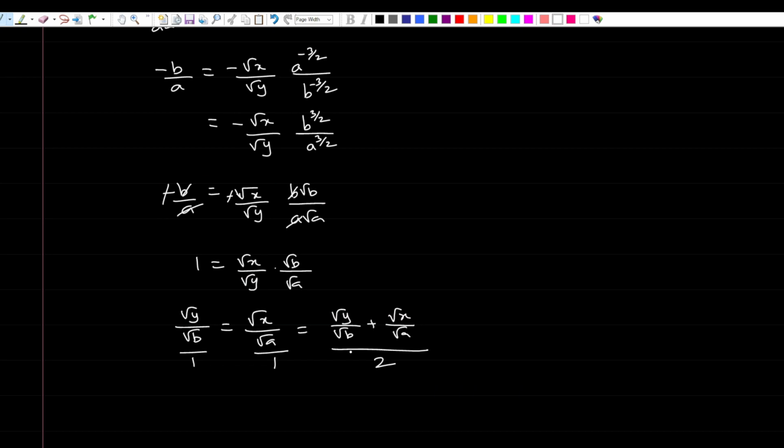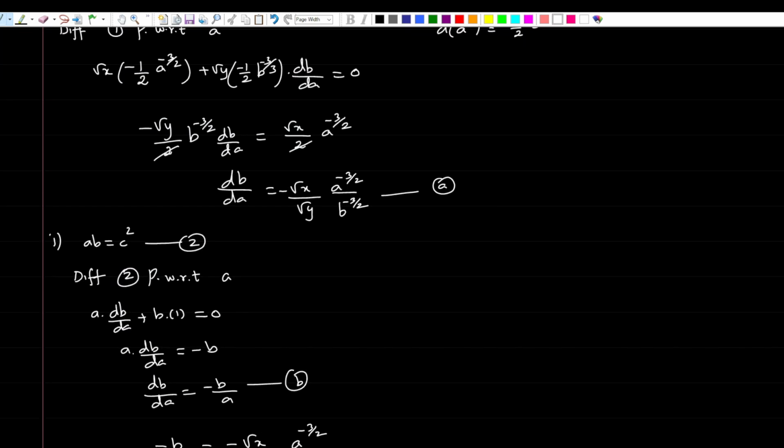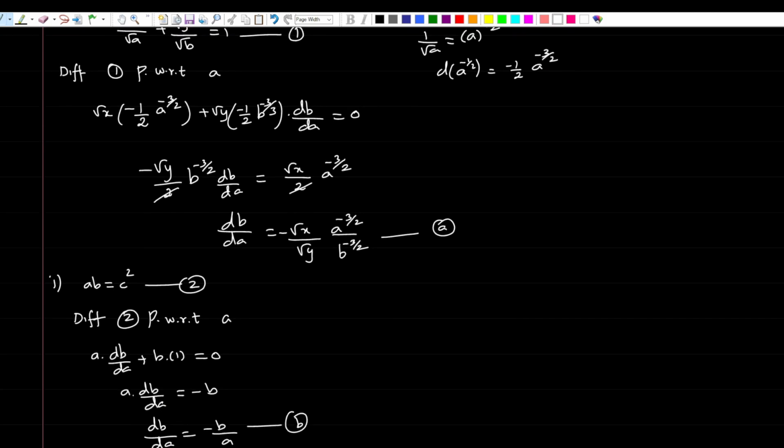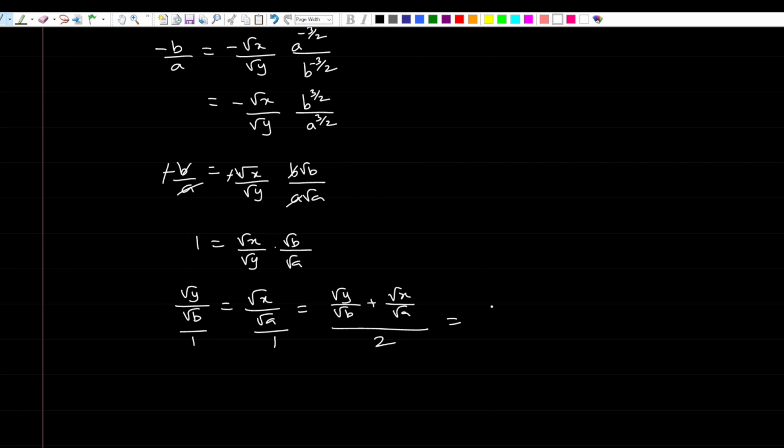Now we have this root of y by b plus root of x by a, that is equation number 1, which is equal to 1. Therefore, the numerator will become 1 divided by 2. So this is what the question, root x by root a plus root y by root b, which is equal to 1. That is equation number 1. Therefore, this will become 1 by 2.